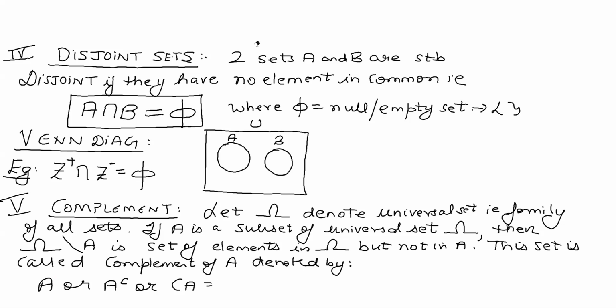Usually it's denoted by A bar. It's nothing but the set of all x belonging to the universal set such that x does not belong to A.